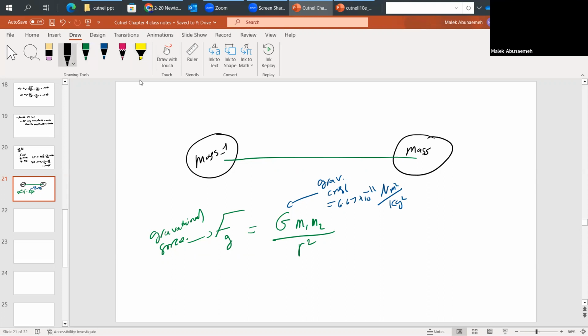M1 and M2, that's your mass 1 and mass 2. And R, that's the distance between them.